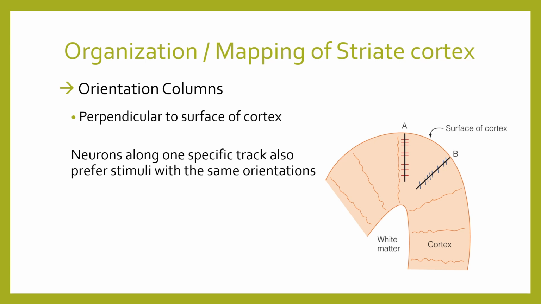Within those location columns, we have orientation columns. So if we look at A and B and think about putting those together, that would be a location column. We're going to go from horizontal, and as we move across the surface of the cortex, we're going to go through various levels of oblique, and then we're going to get to vertical. And so we have those simple cells responding to particular orientations, and they're lined up in these various orientations.